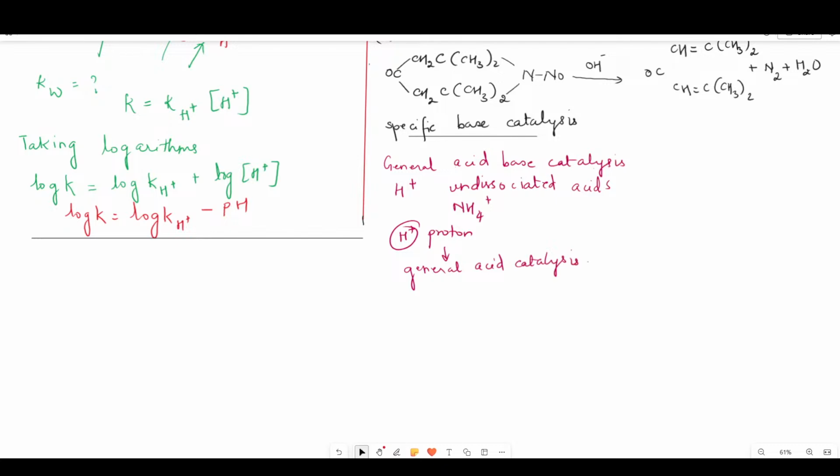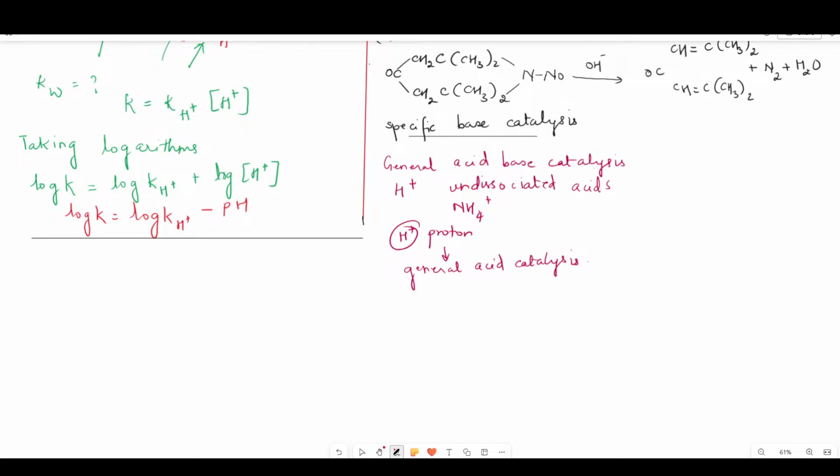I'll repeat this statement once again. All the substances which have a tendency to lose a proton can function as a catalyst, and this catalysis is known as general acid catalysis.